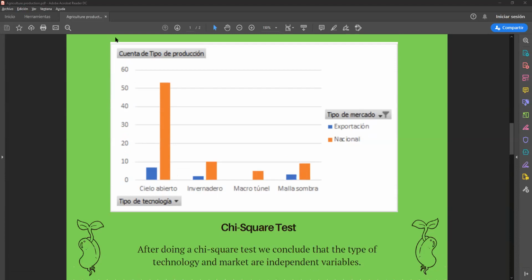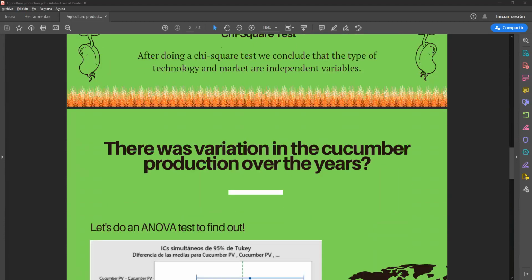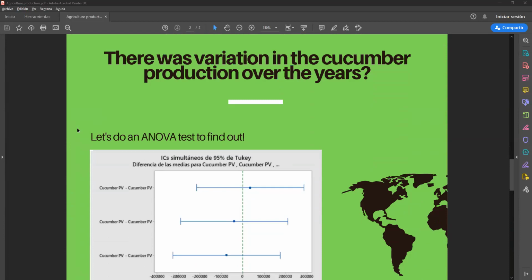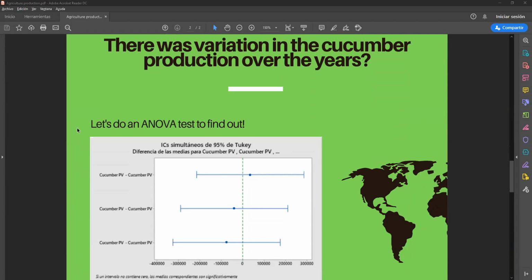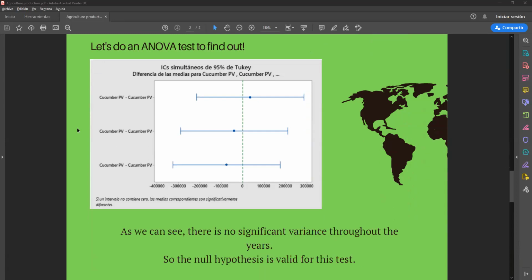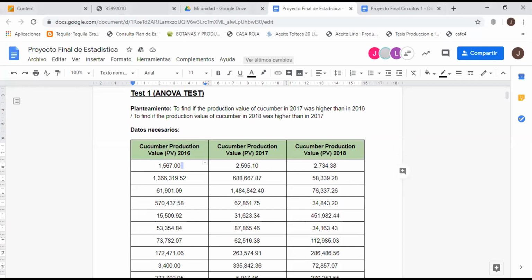Okay, so then we did an ANOVA test. That is to see if the value of production of cucumber is higher or lower in 2016, 2017, and 2018. Here we can see the data we took from our Excel.